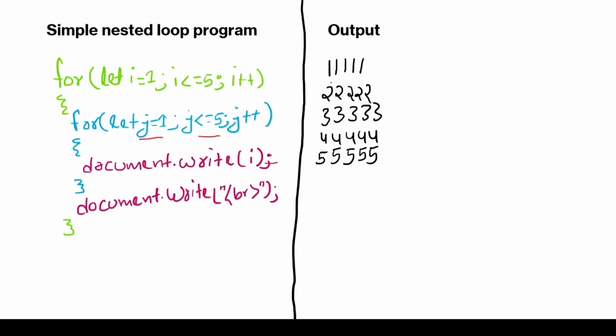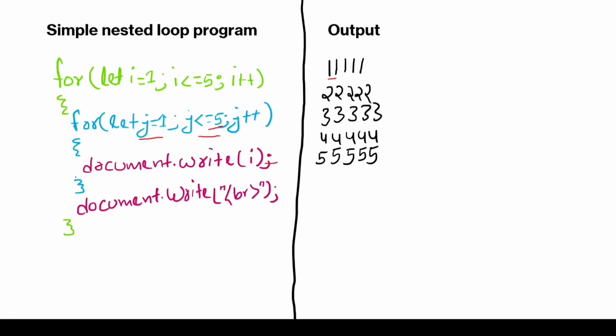Like here, you can see i equals 1, it prints 1, and after that it increments j, then checks the condition, then prints i, still 1. This goes till j equals 5, and if j is 6, this loop is terminated.